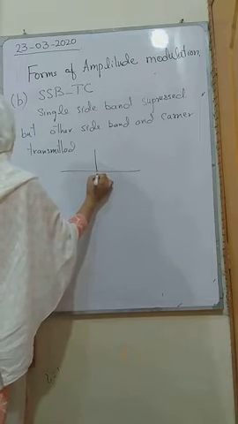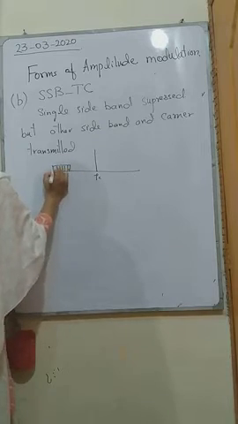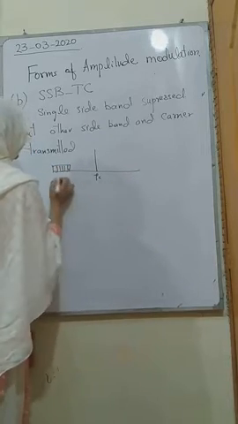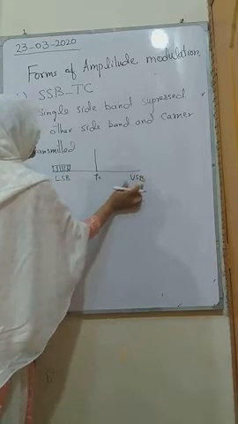This is the carrier wave and this is the band which will be transmitted. Only the lower sideband is transmitted, and the upper sideband is suppressed.